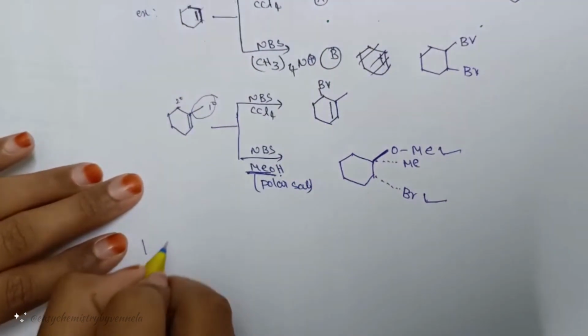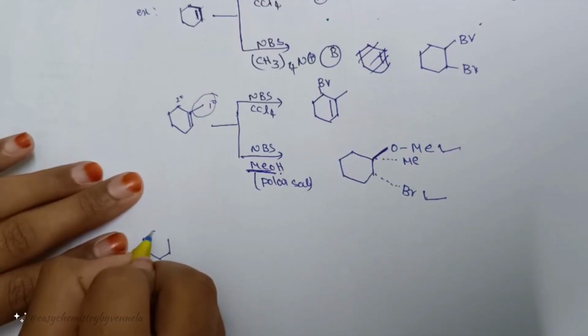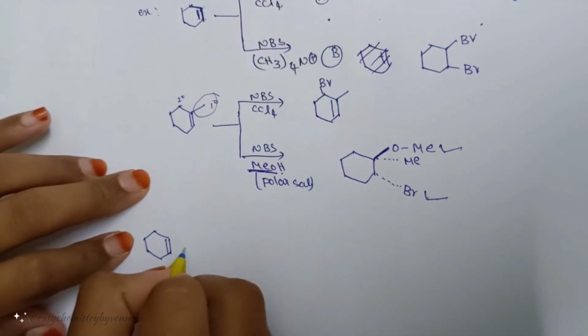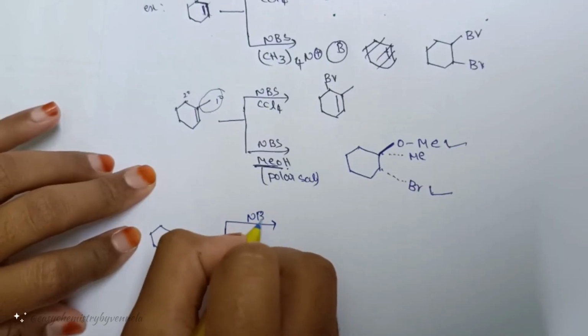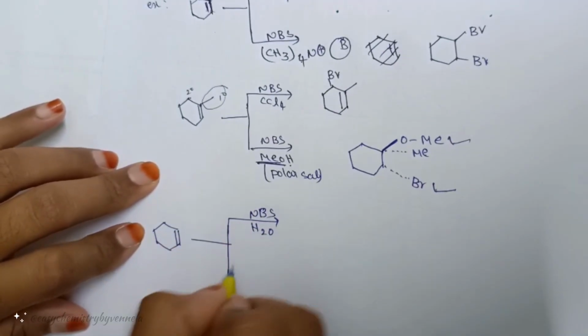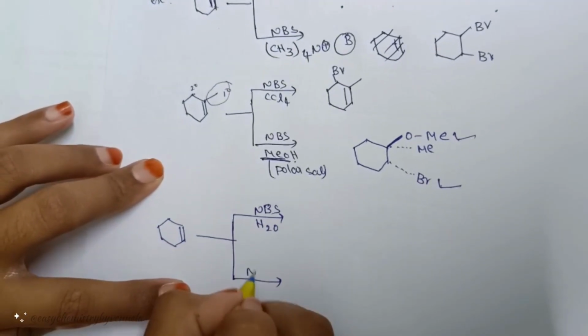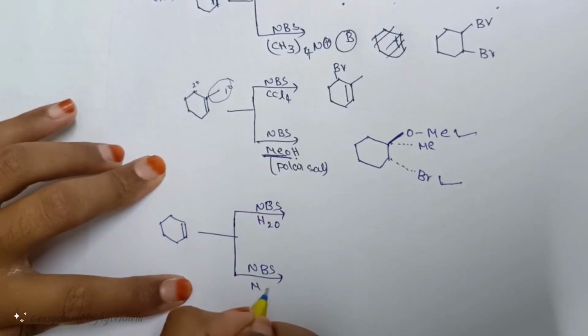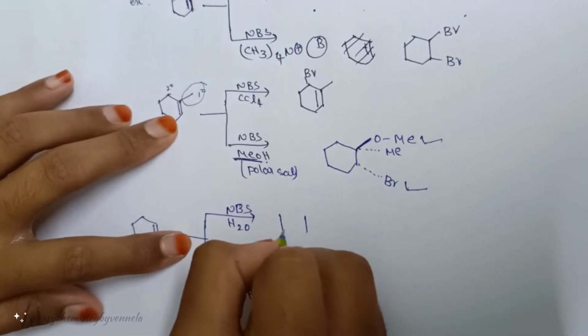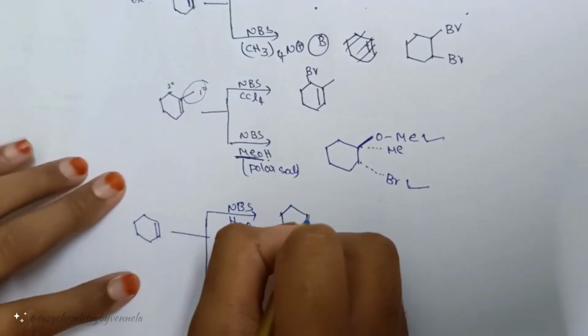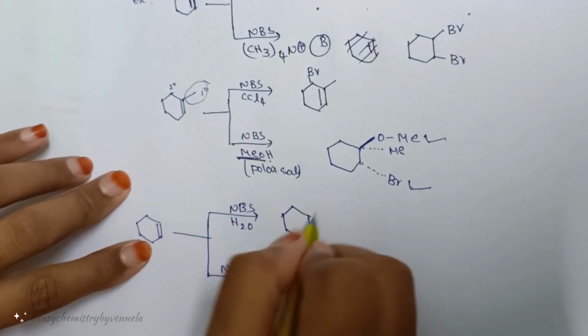So the final example for this is cyclohexene reaction with NBS in water and NBS in methanol. Here bromine will attack below the plane.